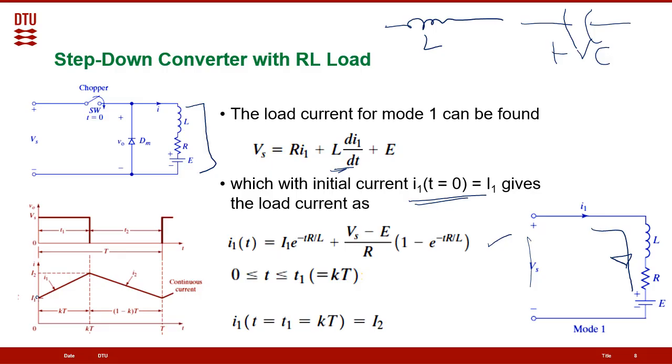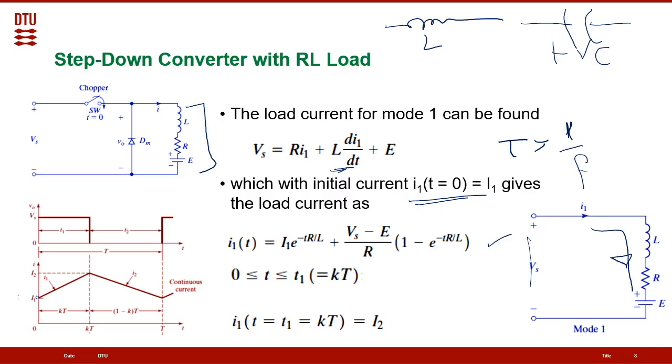What does it mean? It's valid only when the switch is on. So it's valid from 0 up to kT. And remember, k is your duty cycle, T is your switching time, so T will equal 1 over f.